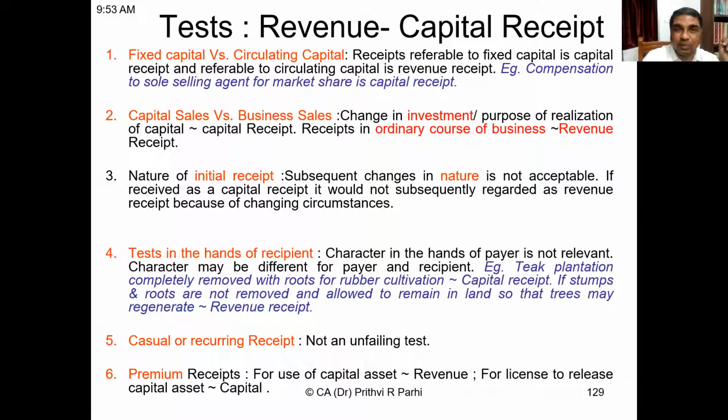So receipt of loan and repayment or recovery of loan, both are capital. But receipt of interest and payment of interest is what? It is a revenue receipt. Of course, that is revenue. Are you getting me?